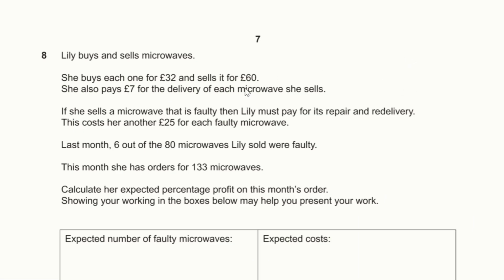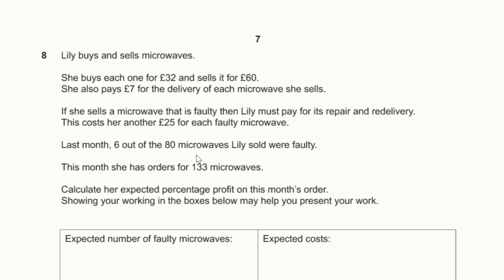Question number 8. Lily buys and sells microwaves. She buys each one for £32 and sells it for £60. She also pays £7 for the delivery of each microwave she sells. If she sells a microwave that is faulty, then Lily must pay for its repair and redelivery. This costs her another £25 for each faulty microwave.